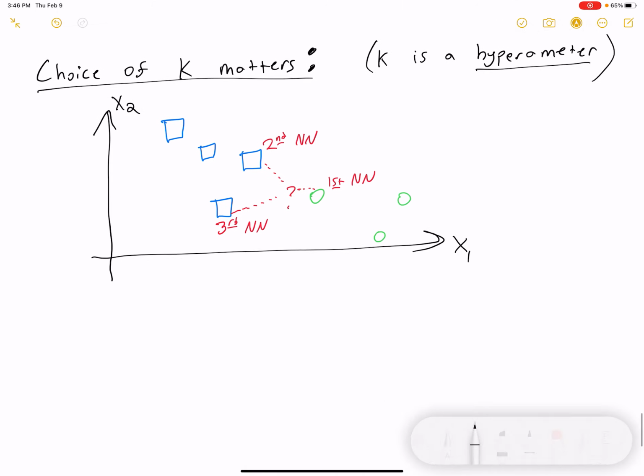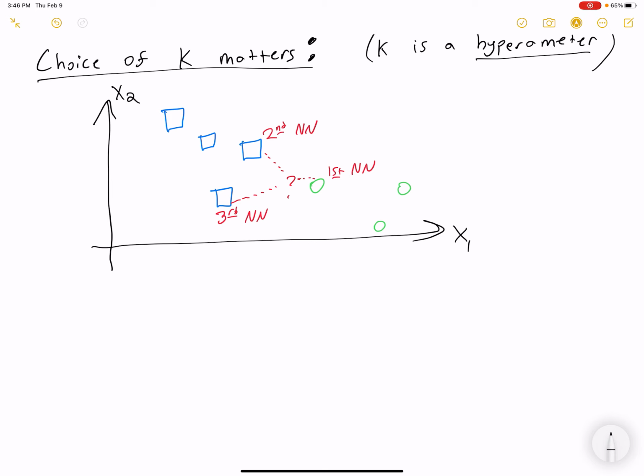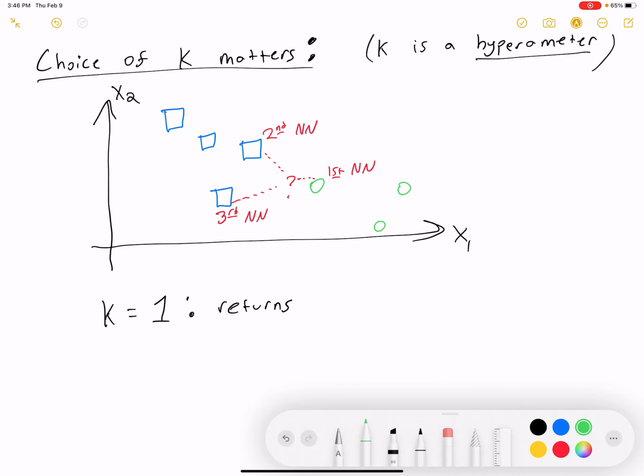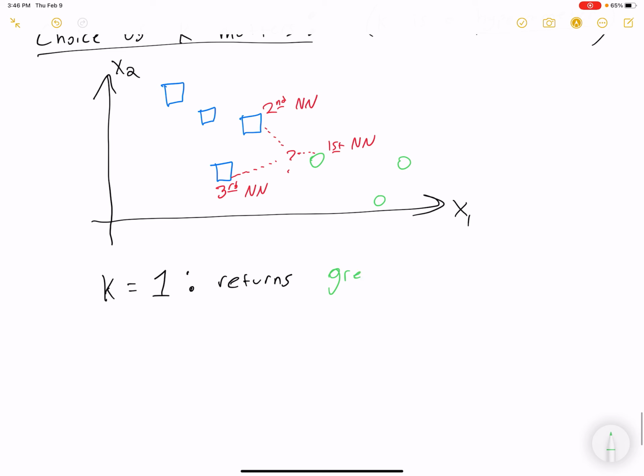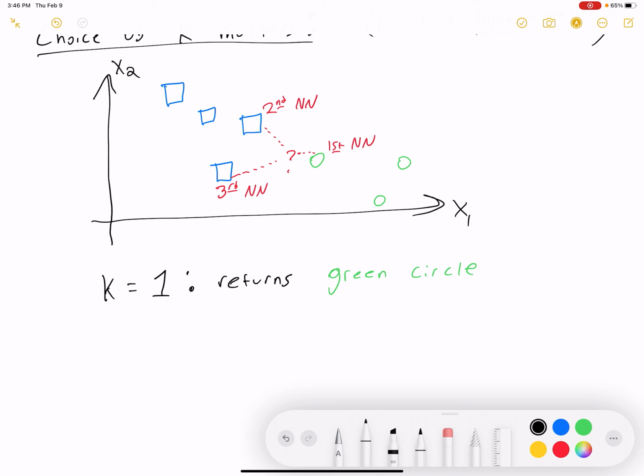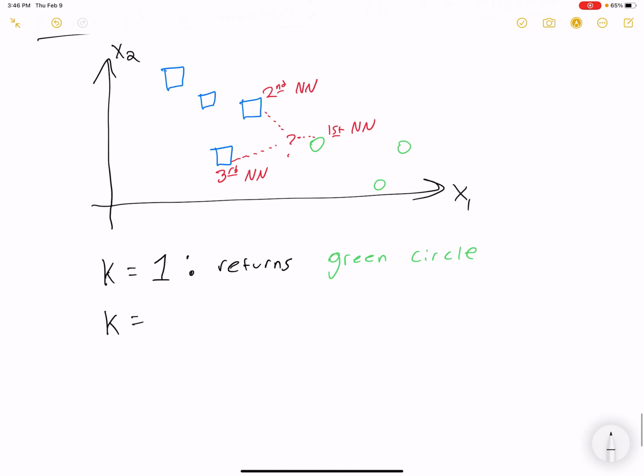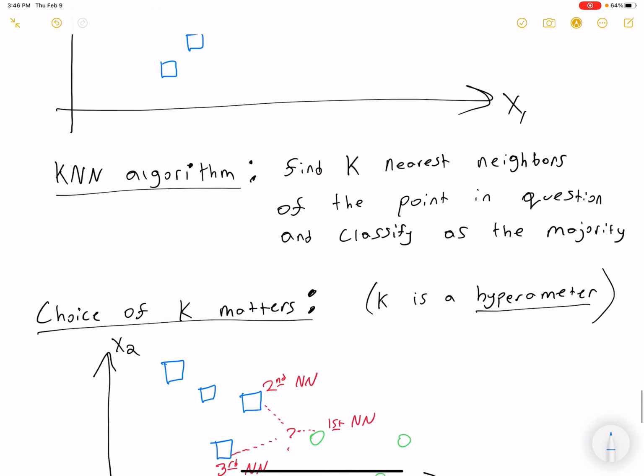As you can probably see, if k is equal to 1, that returns the green circle as the output class, whereas if k is equal to 3, our algorithm returns the blue box. So that's all there is to k nearest neighbors.